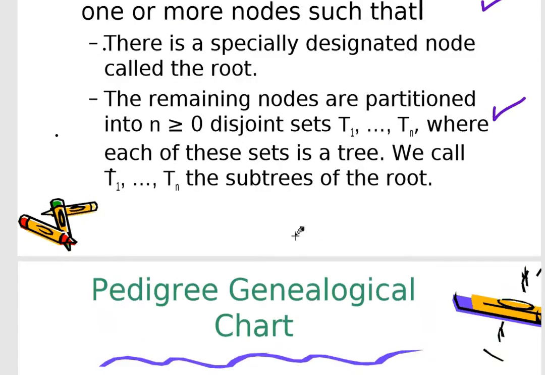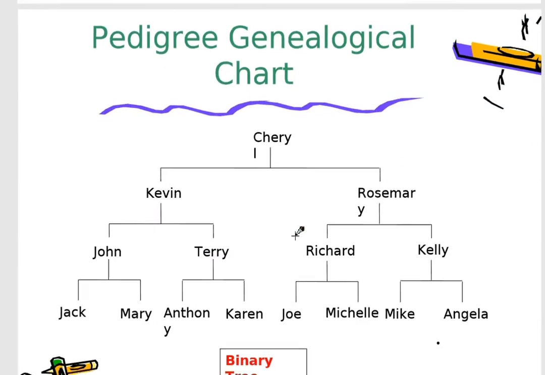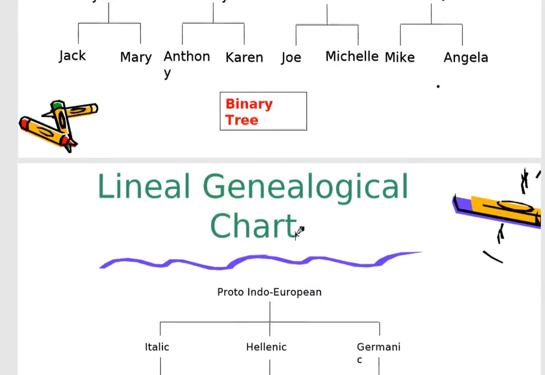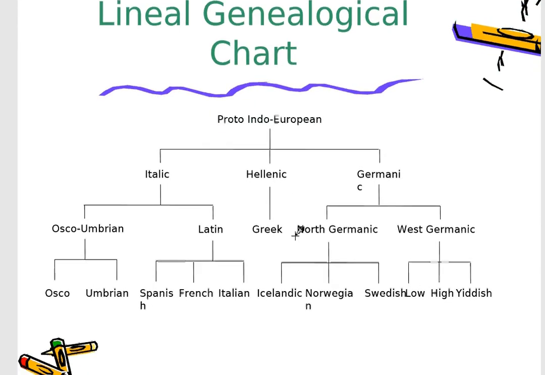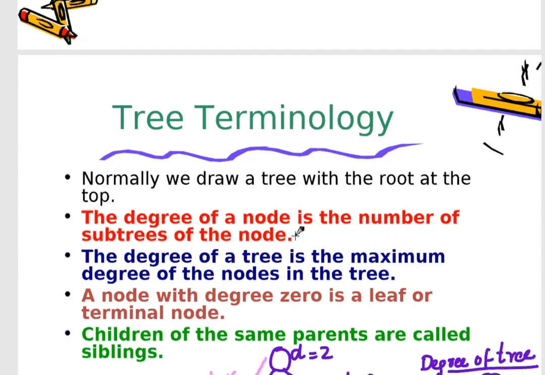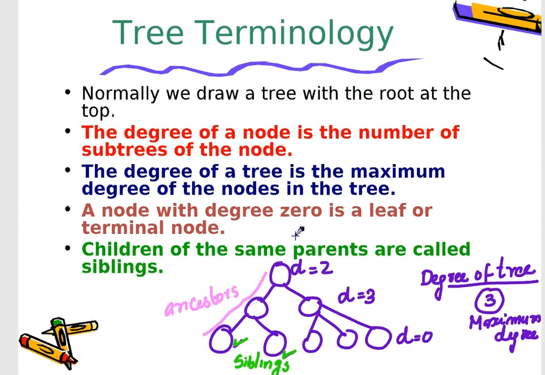Okay. So a tree will be represented in a hierarchical way like this. That is why it is non-linear.